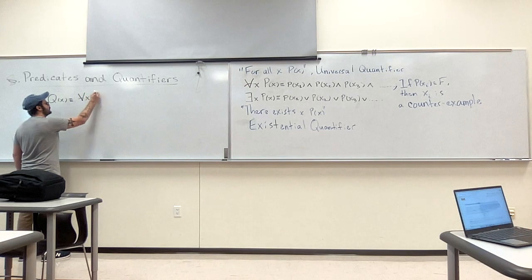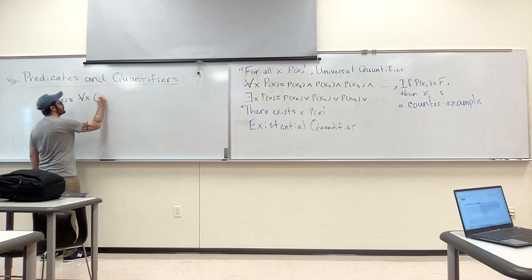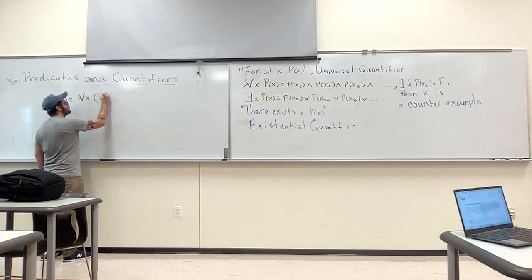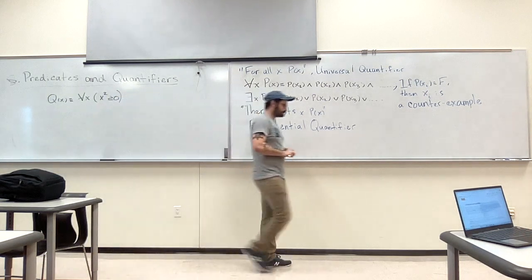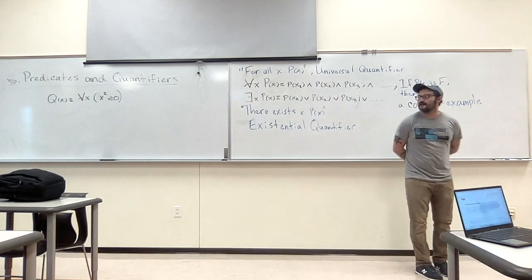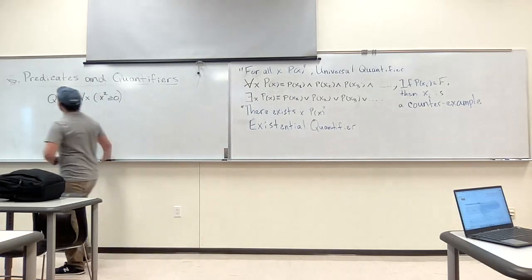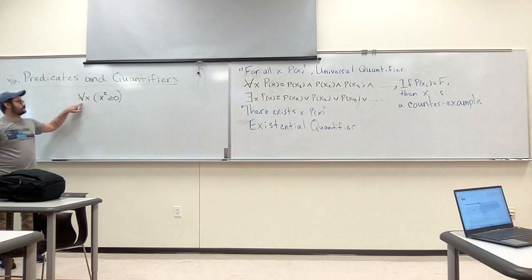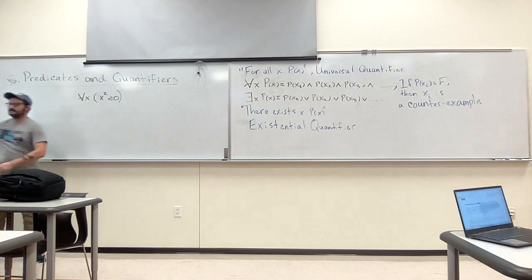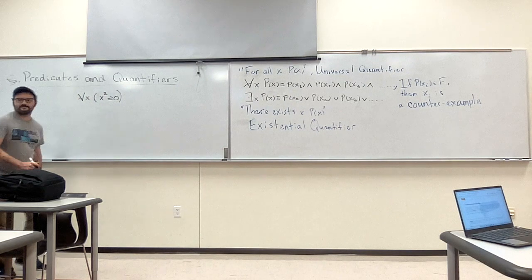Draw x. Now my predicate is going to be this. Is that, so is this true? Or no, not qubits, sorry. That's qubits. And this is the universal quantifier applied to that predicate. Is this always true? Does this evaluate to true?